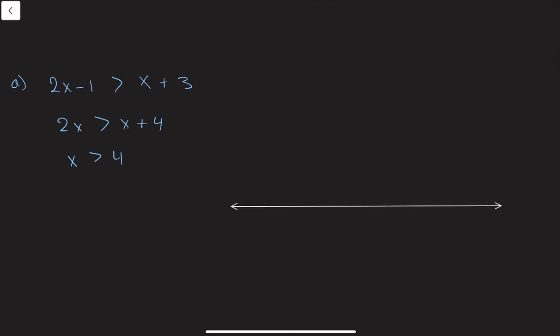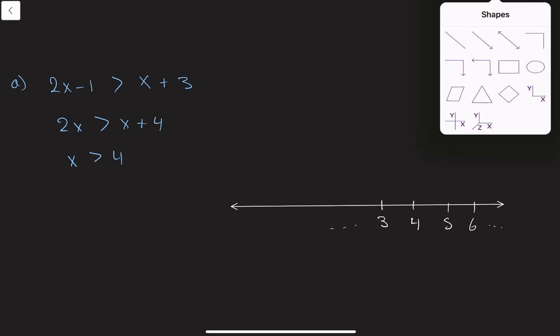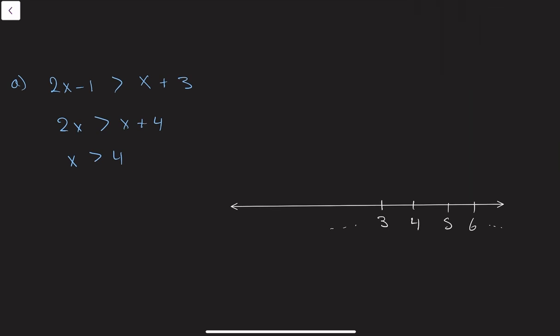Let's see if we can represent this properly on a number line. Let's start 3, 4, 5, 6, and this one goes back way. Since ours is x is greater than 4, our solution looks like this. Open circle, extending all the way to infinity.